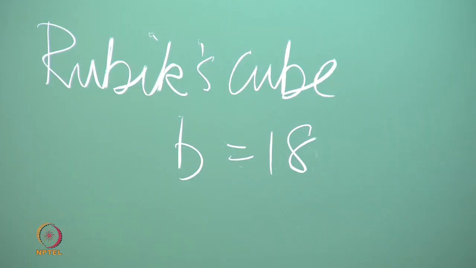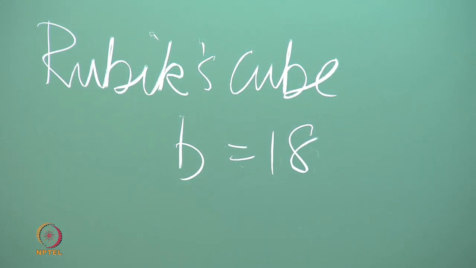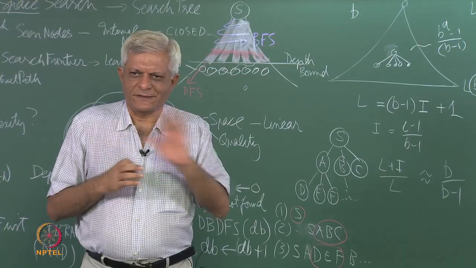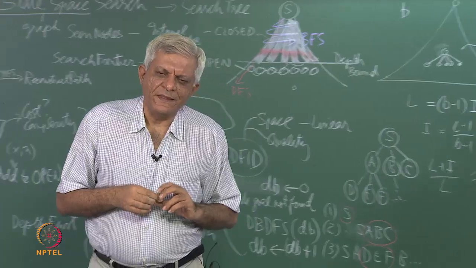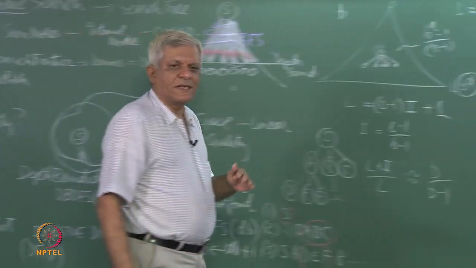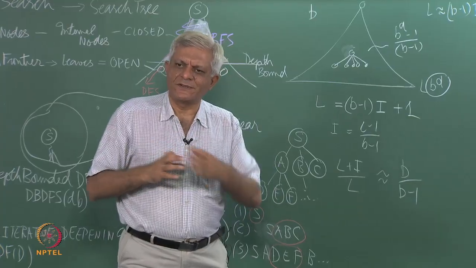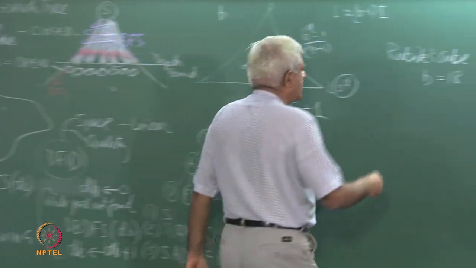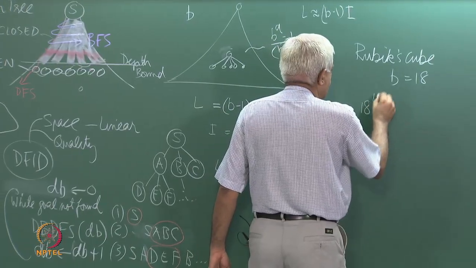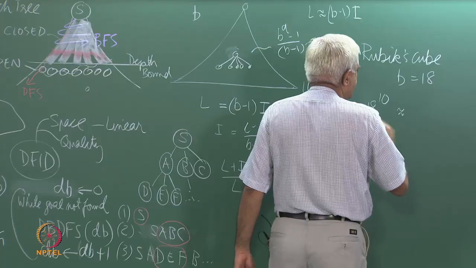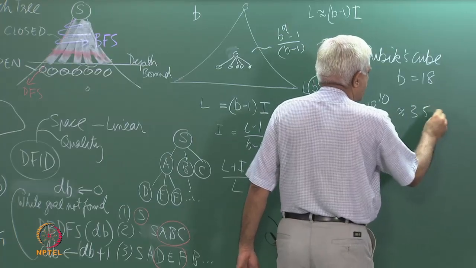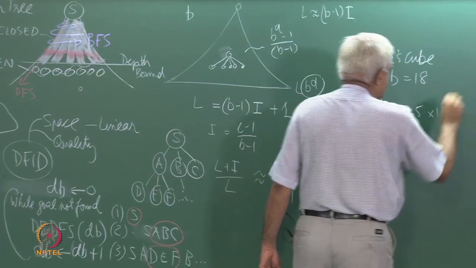At any given state you can make these 18 possible different moves, 3 for each face, and there are 6 faces. If you have to search up to a depth of 10, which means you want to explore the space up to depth 10, then you would have 18 raised to 10, and that turns out to be 3.5 into 10 raised to 12.